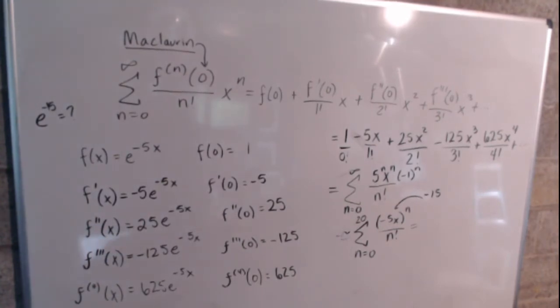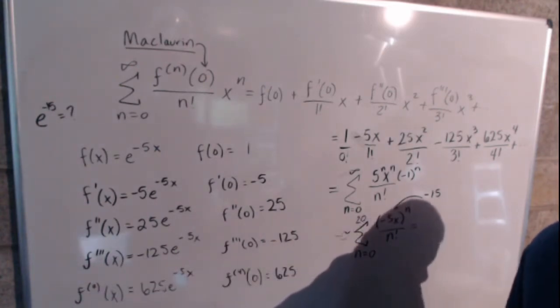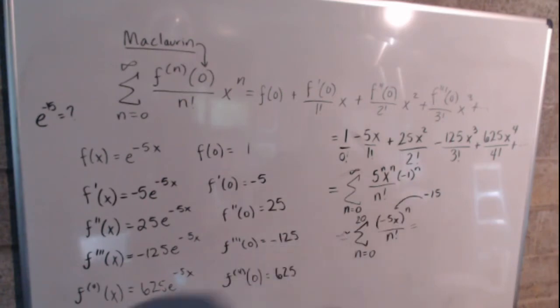Alright, so somebody got a number that does seem a little off. Let me see if I have this written down. Alright, so let me just go ahead and do it real quick.